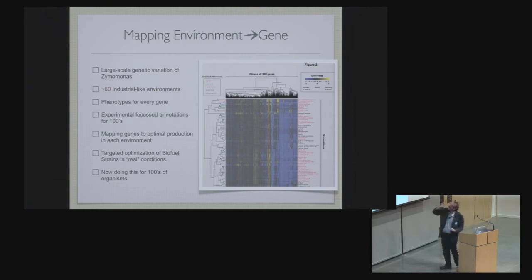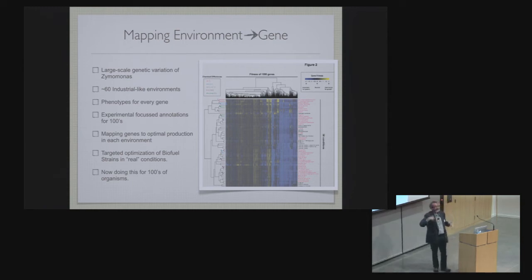What we found in this particular case was, we were looking at an organism that makes ethanol in very complicated reactor environments, under high stress. We screened over 60 industrial-like environments. We found how every gene confers the ability to both produce ethanol and allow the cell to survive under these environments. That allowed us to annotate these genes.